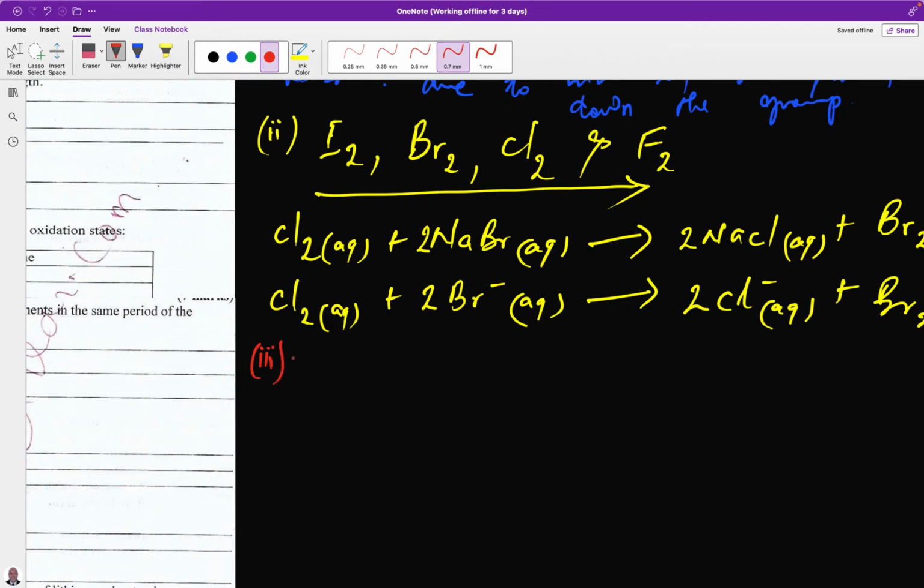Chlorine with cold dilute potassium hydroxide.